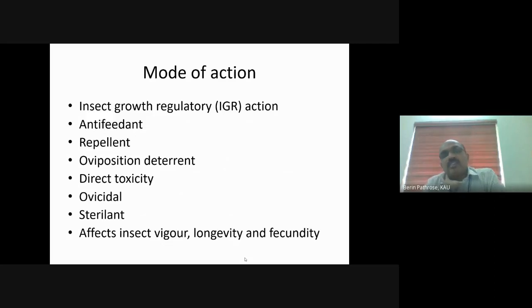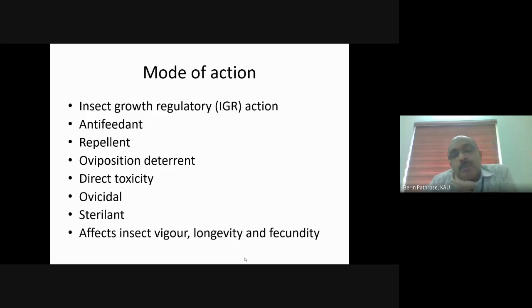The first mode of action is insect growth regulatory activity, abbreviated as IGR, which means it can affect the proper growth of insects. It has antifeedant property. That means if you spray azadirachtin or neem-based pesticides on a crop, the insect won't be able to feed on it.